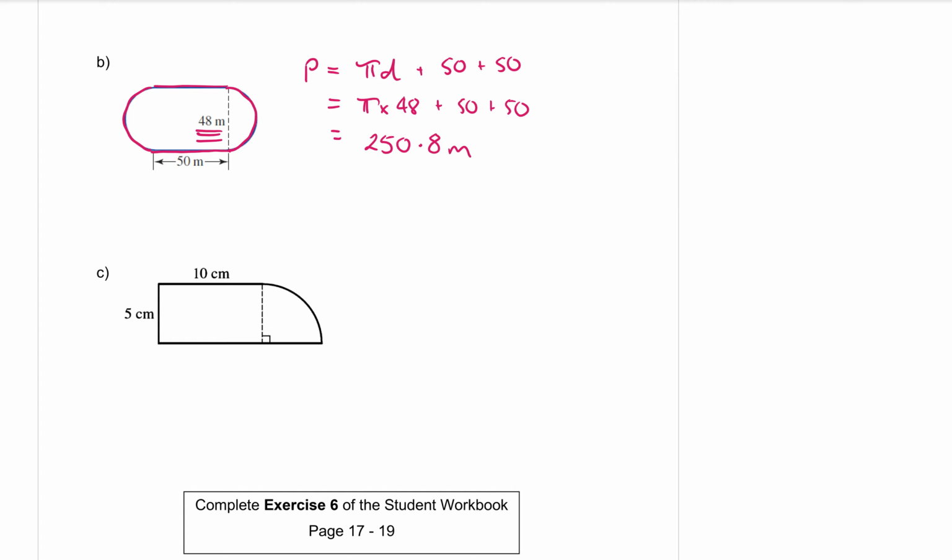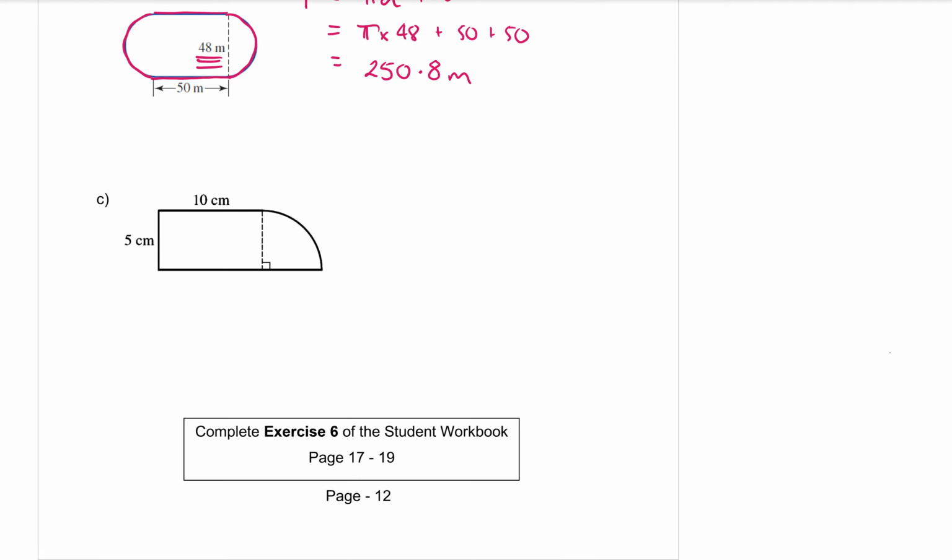Okay, one more question here to do. Remember I said that I always like to start with the curved part first. Now for this one, I have got a right angle in here, so it means I have a 90-degree part of a circle here. So to find the perimeter, I'm going to use my arc length formula, which is theta over 360 times 2 pi r.